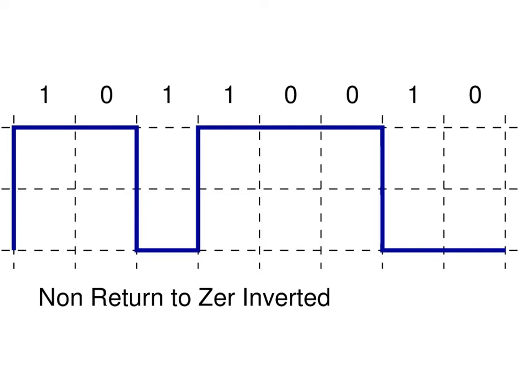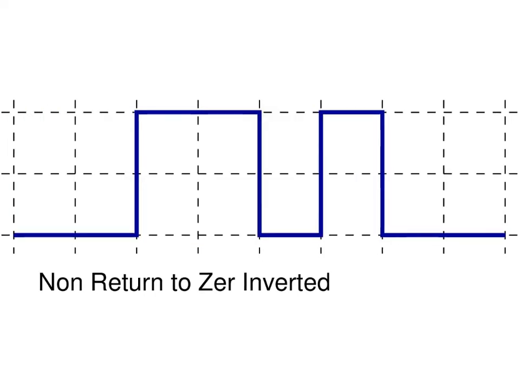Non-return to 0, again, is just negative and positive. It doesn't reach 0. Inverted, or an easier way to remember, NRZI, meaning invert on ones. It's a good way to think. We invert the level, we switch the level when we have a bit 1. Quickly, what's the data?